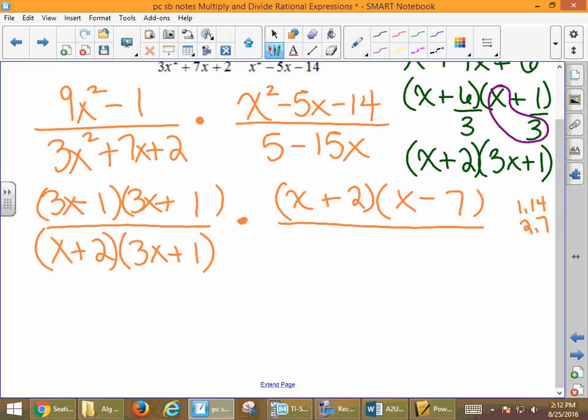And finally, in our denominator here, do we have a GCF? Don't change the order. We do have a GCF of 5. When we factor out 5, 5 divided by 5 is 1 minus 3x. Again, don't forget the 1.